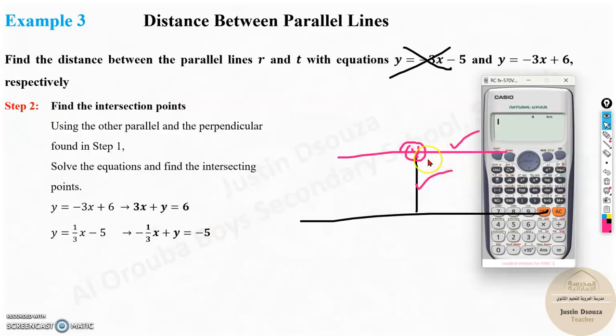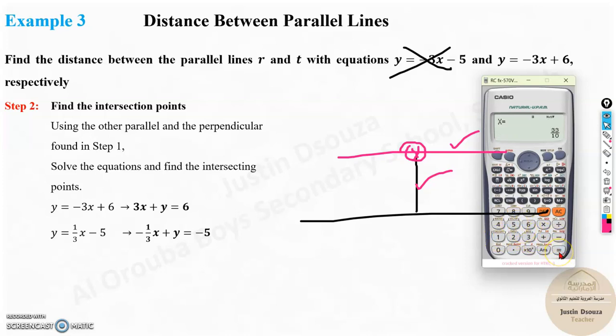So now all you need to do is go to mode 5 and 1 and substitute them. 3, 1, 6. Sorry, I have not typed the other equation, so obviously it will be infinite. Okay, over here, minus 1 divided by 3, 1 and minus 5.